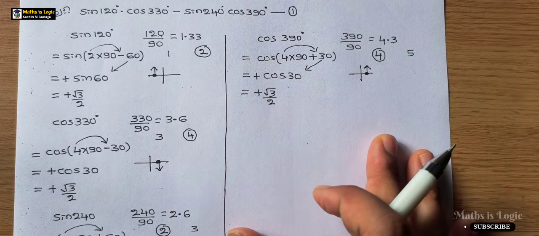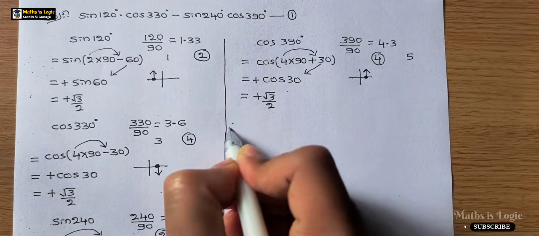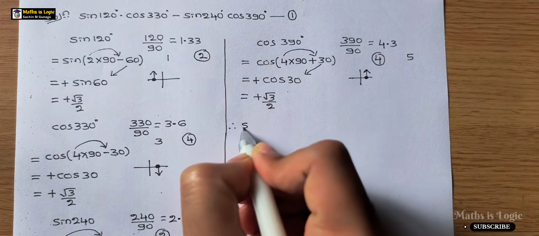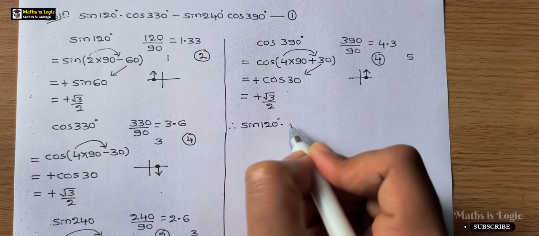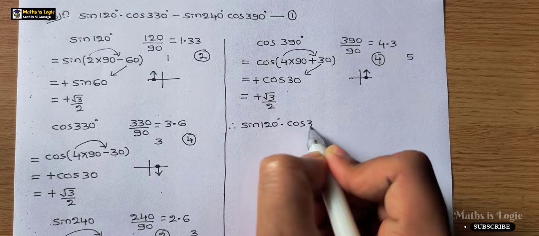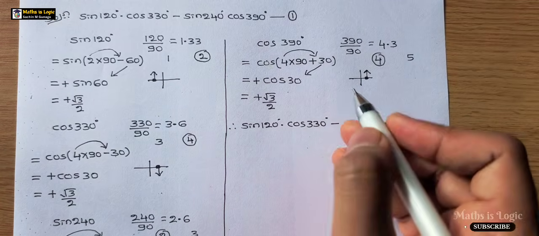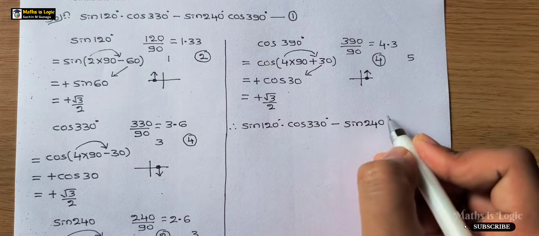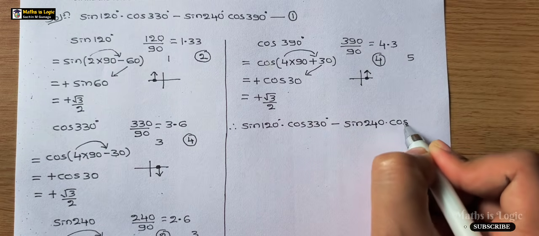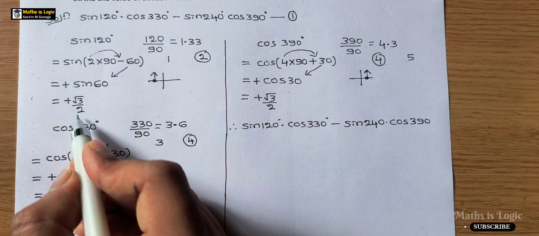After finding all 4 values, note down the first equation. Therefore, what is the first equation? Sine 120 degree into cos 330 degree, minus sine 240 into cos 390 degree. Substitute sine 120, how much?